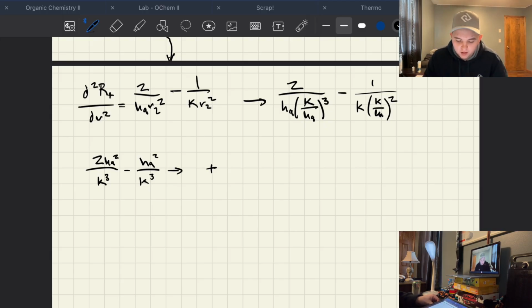So that also demonstrates that K over HA will always be a minimum. Because of the reciprocal.